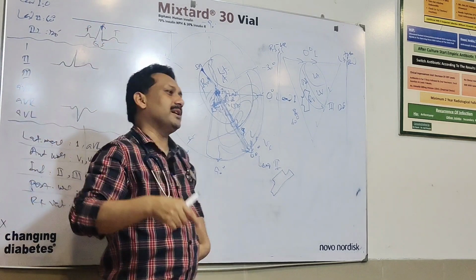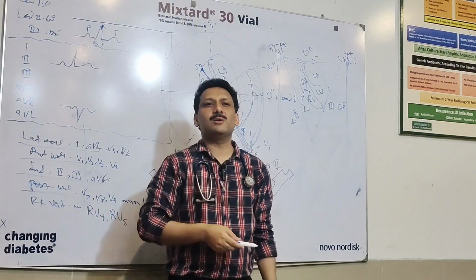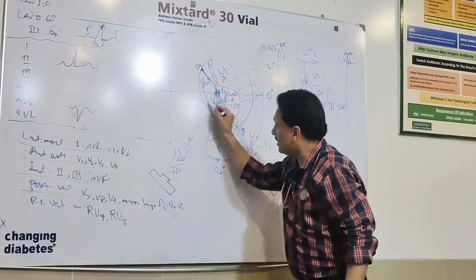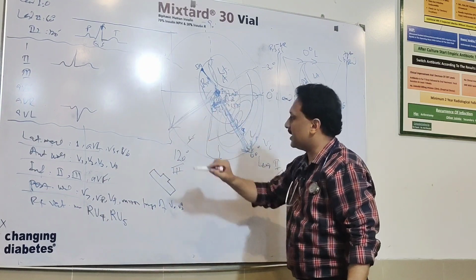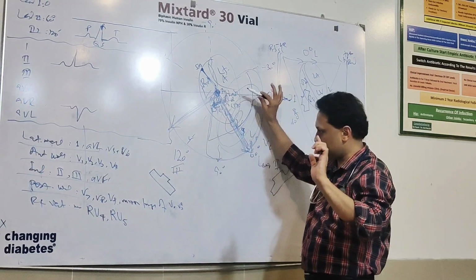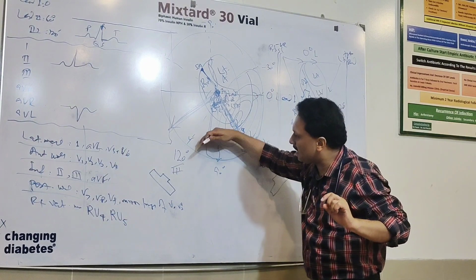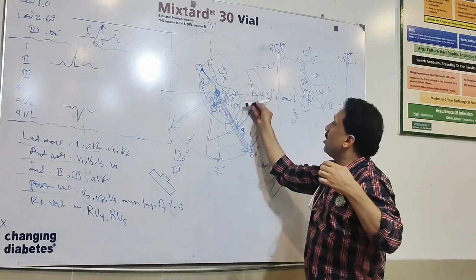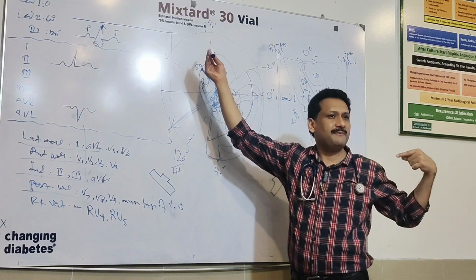If a certain situation arises, say this person is having right ventricular hypertrophy, the direction of flow of current will be in this direction, because this is the area of a normal axis. If it goes beyond that area, we call it right axis. If it goes beyond that area the other way, we call it left axis.